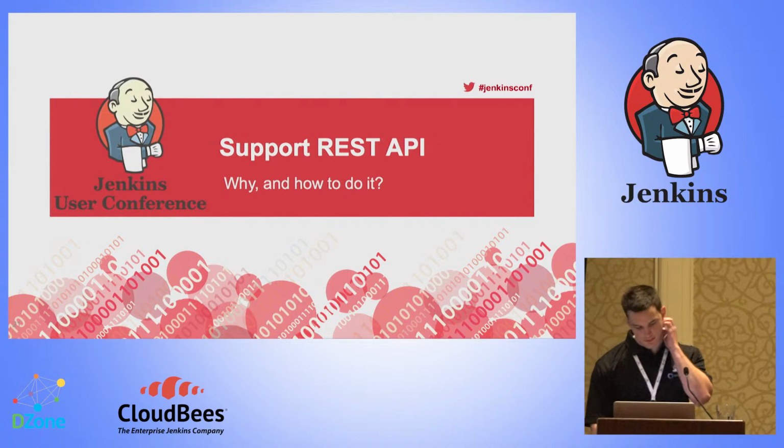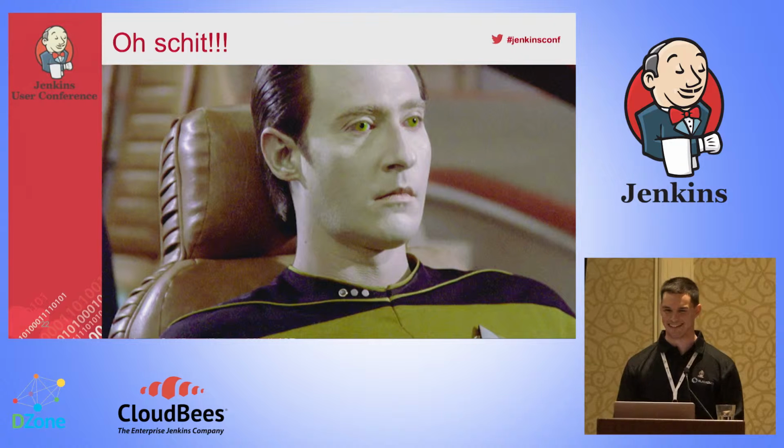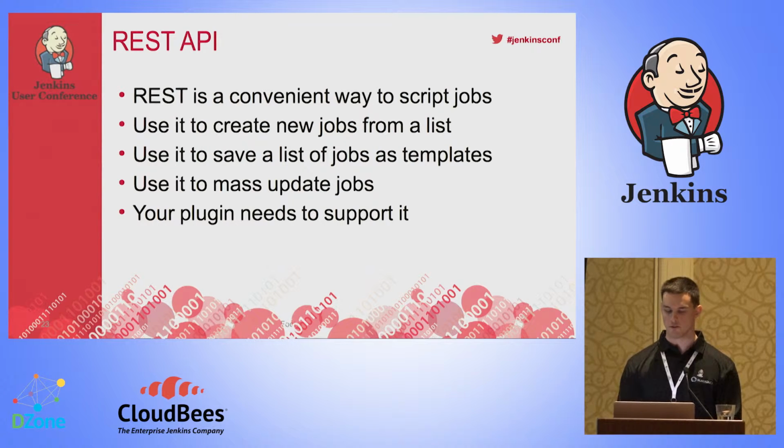So supporting the REST API, I talked a little bit about why and how we did it. Like I said before, the global configuration doesn't automatically support this, so you have to do a little work to do it yourself. The REST APIs for the jobs are available.